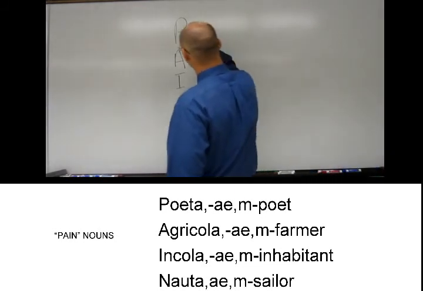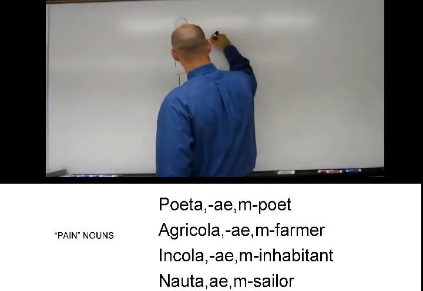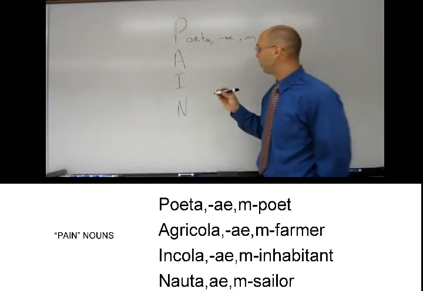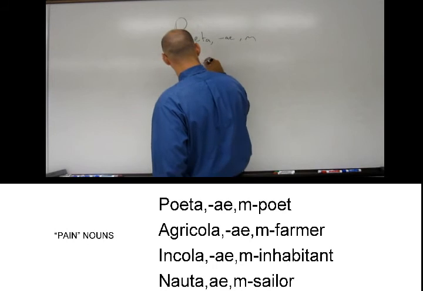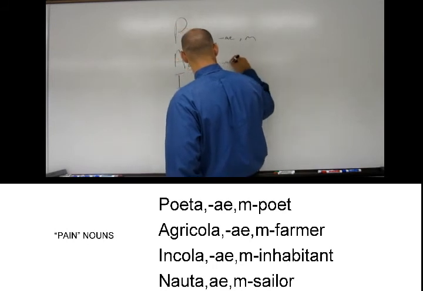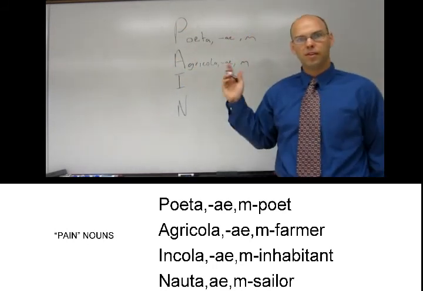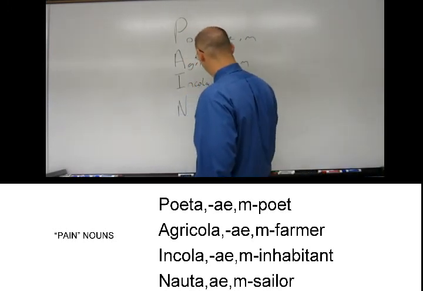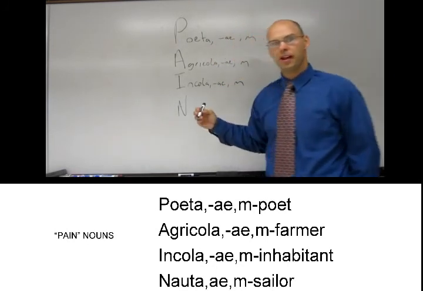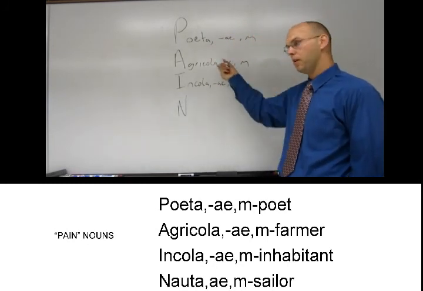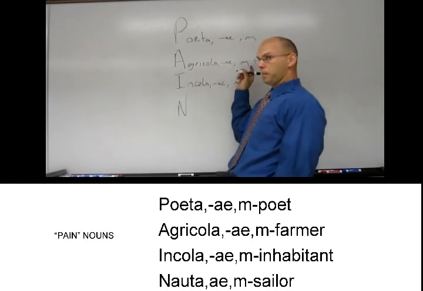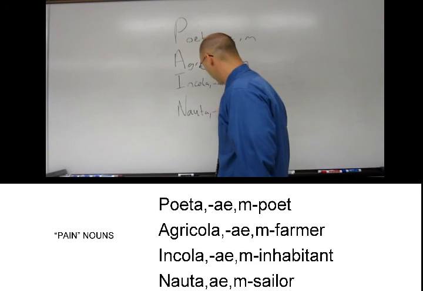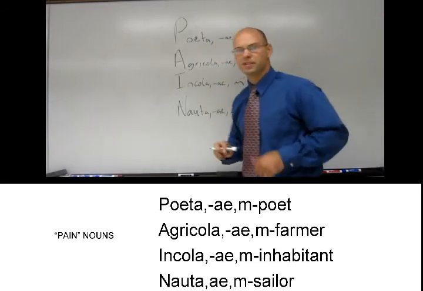The first one would be poeta, AE masculine, meaning poet. The next one, A, is agricola, AE masculine, meaning farmer. The next, incola, AE masculine, means inhabitant. And the last one, nauta, AE masculine, means sailor.